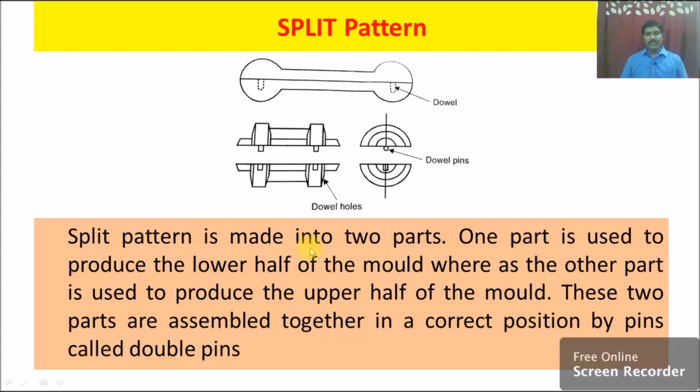A split pattern is made in two parts. One part is used to produce the lower half of the mold, whereas the other part is used to produce the upper half of the mold. These two parts are assembled together in the correct position by pins called dowel pins.